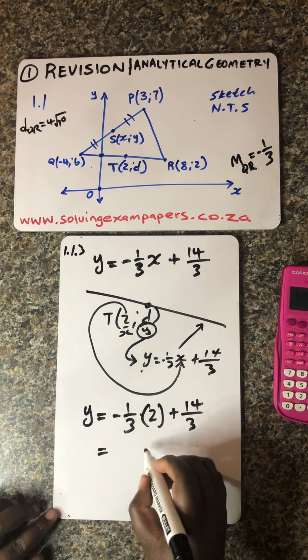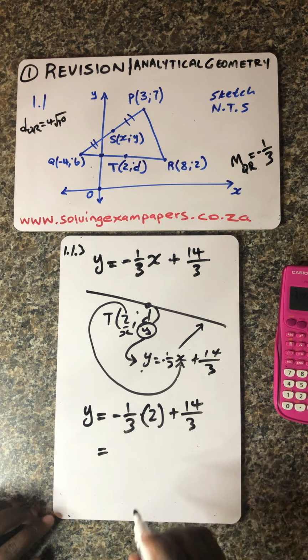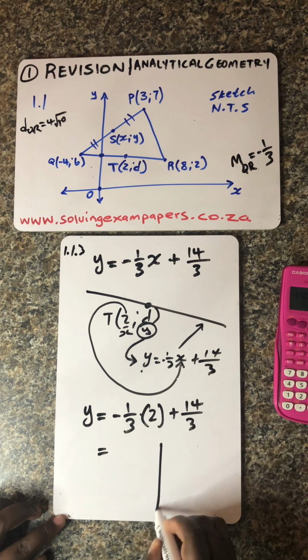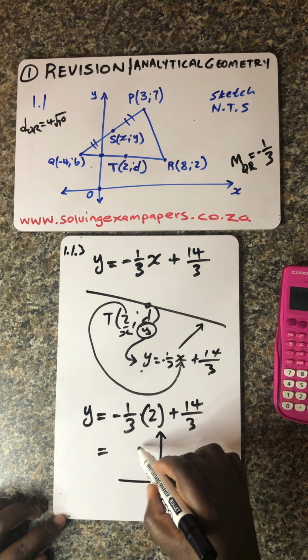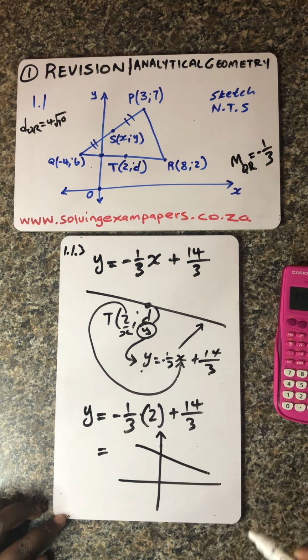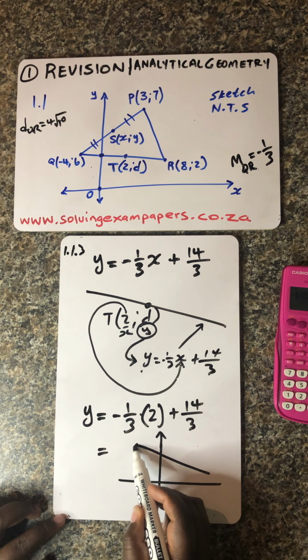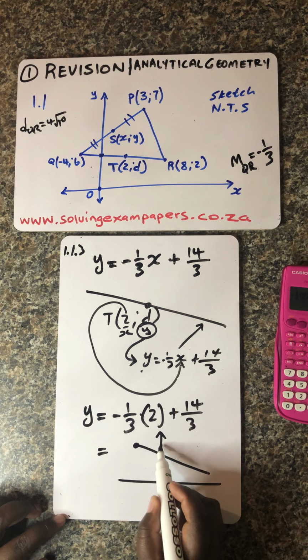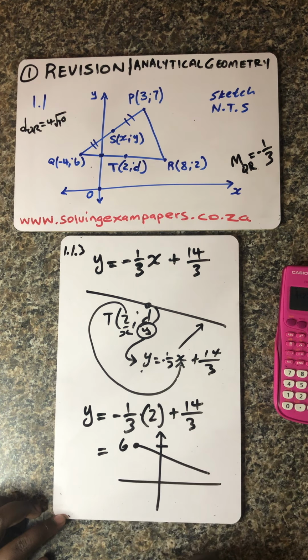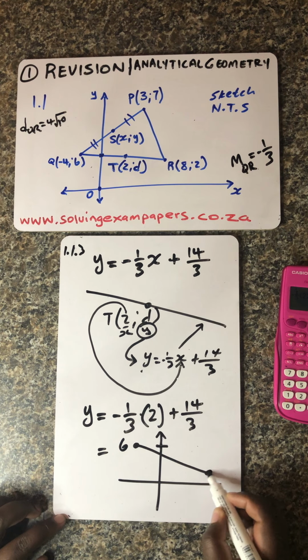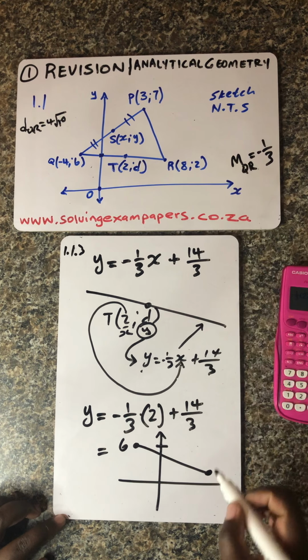Let me just try to redraw this thing, ladies and gentlemen, so that you understand. Okay, so what I'm saying is we've got that line. We've got that as point Q. We know the y value of that point Q is 6. And again we know the y value of that point R over there is 2.